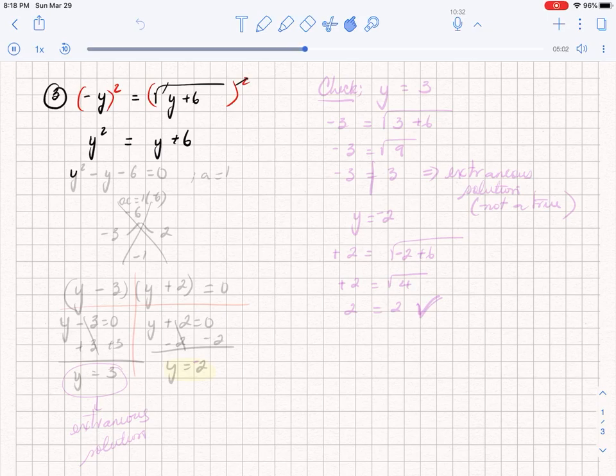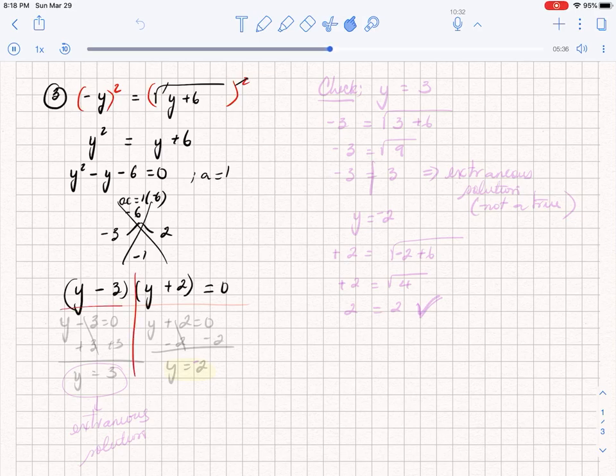I'm going to bring everything over: y squared minus y minus 6 equals 0. Since a is 1 in this case, I want to find two numbers that multiply together to give me negative 6 but add up to negative 1. So I should have negative 3 and positive 2. So my factors are y minus 3 and y plus 2, which equals 0.